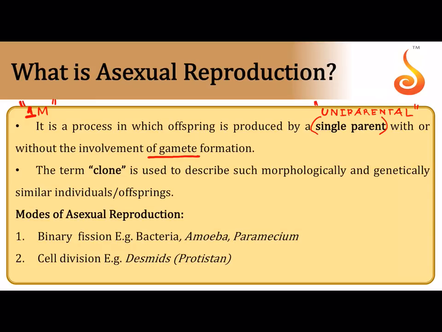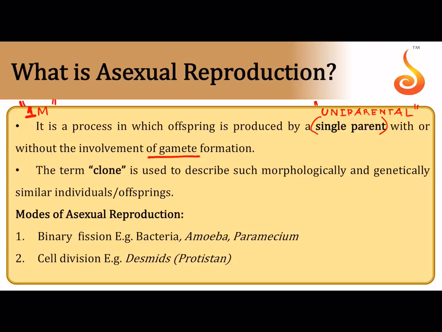Gamete formation may be there or it may not be there. But the criteria is a single parent is producing offsprings. Do you understand what I'm saying here? So in asexual reproduction, there is participation of only a single parent, and either there may be gamete formation or there may not be any gamete formation.